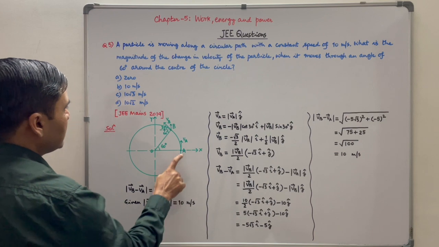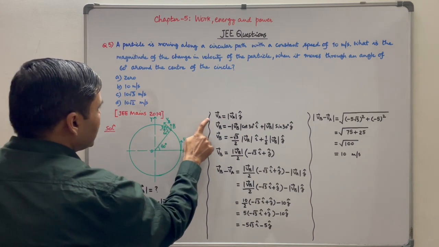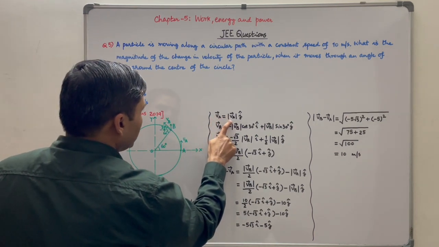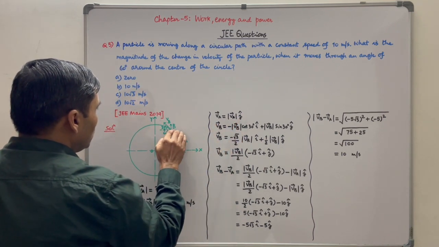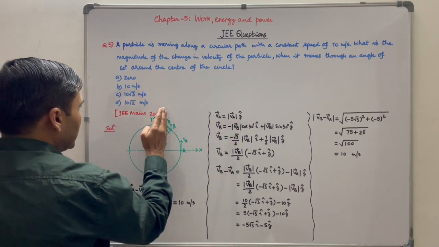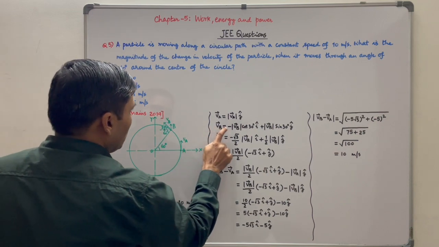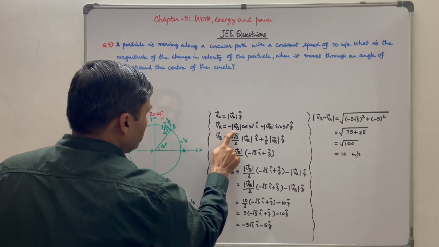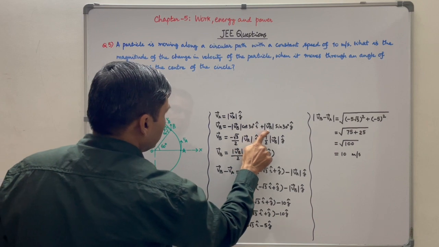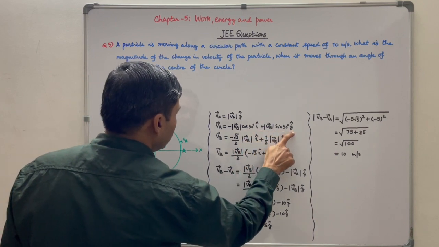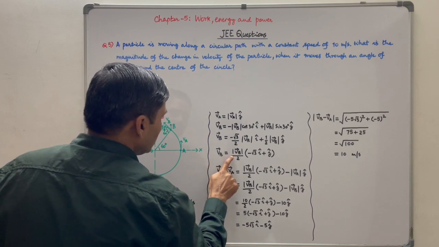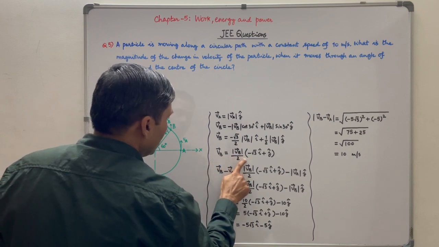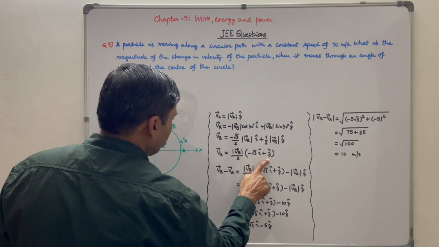We can write vectors Va and Vb. Vector Va is equal to magnitude of Va j, and vector Vb can be resolved into two components, horizontal and vertical. So vector Vb is equal to minus magnitude of Vb cos 30 i plus magnitude of Vb sin 30 j. It can be simplified as Vb is equal to magnitude of Vb upon 2 into (minus root 3 i plus j).